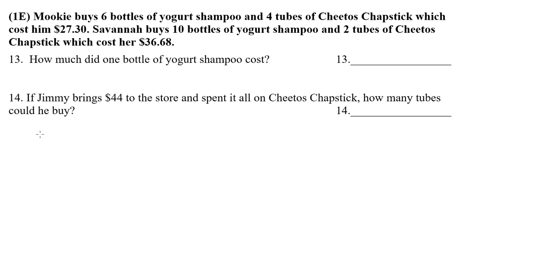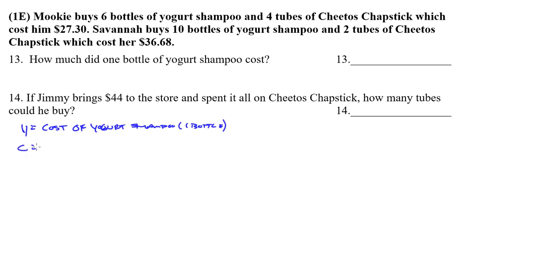So here's what I'm going to do. I'm going to say that Y is going to be cost. It's asking how much did 1 bottle of yogurt shampoo cost. So Y is for yogurt. Cost of yogurt shampoo, right? 1 bottle. I like to assign my variables.